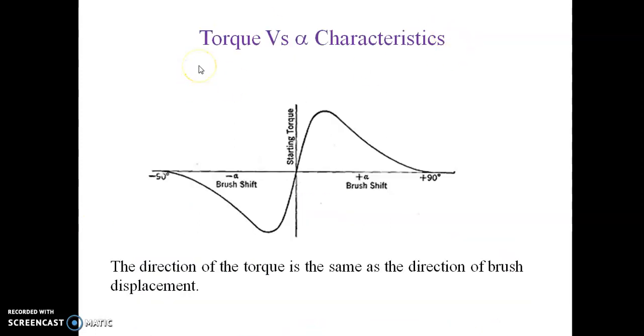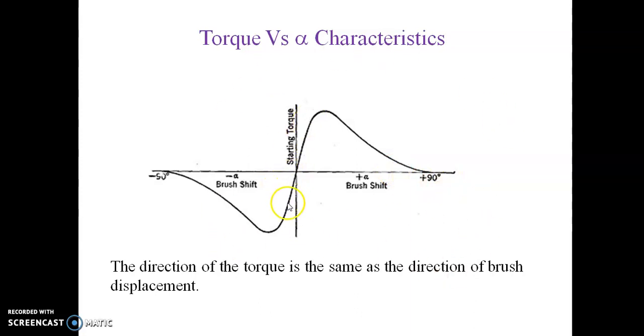Next, let us discuss the torque versus load angle characteristics. This characteristic shows the relation between the starting torque and the brush shift movement. When the brush shift is in the positive direction, the starting torque increases to a maximum value, and after that it decreases on the positive side.